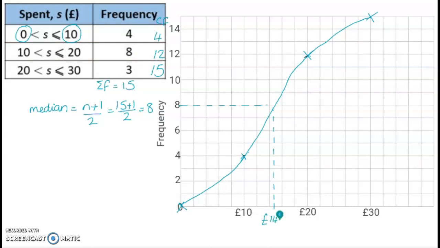So I'm going to say £14.80, just under the halfway mark. And that would be my estimate of the median from a cumulative frequency graph.